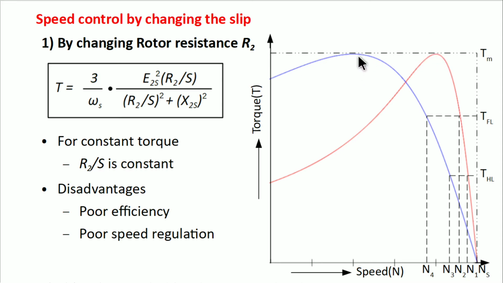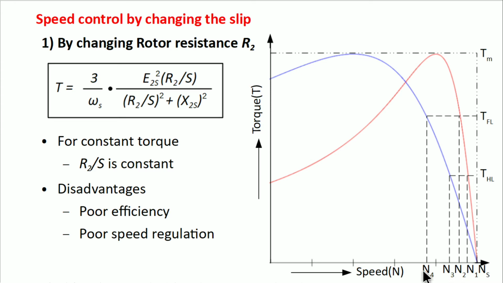It comes here. For more resistance, the slip is more. So the curve shifts to this blue curve. It means at the same load, now our speed is N4, which is less than N2. Speed is increasing in this direction. So N2 is more than N4, therefore speed is decreased by increasing the resistance in the circuit.